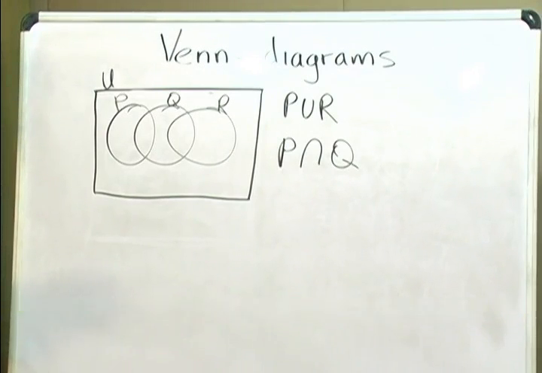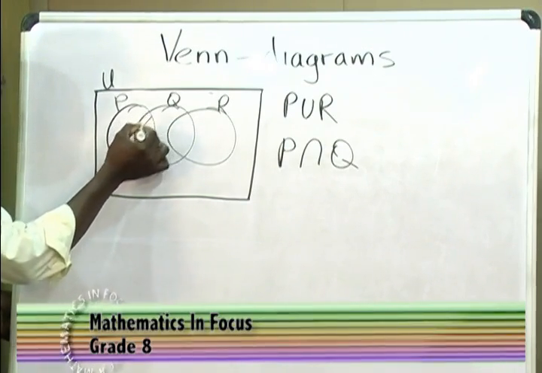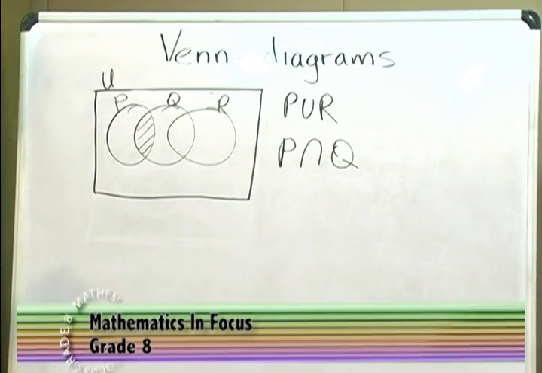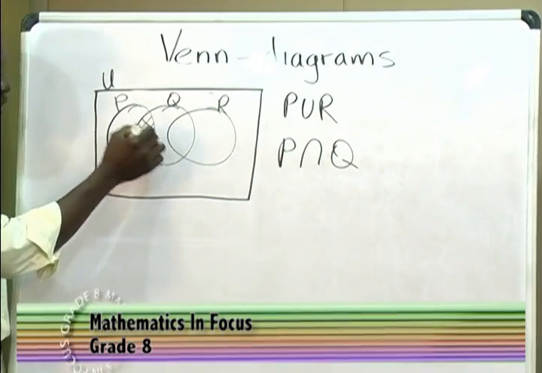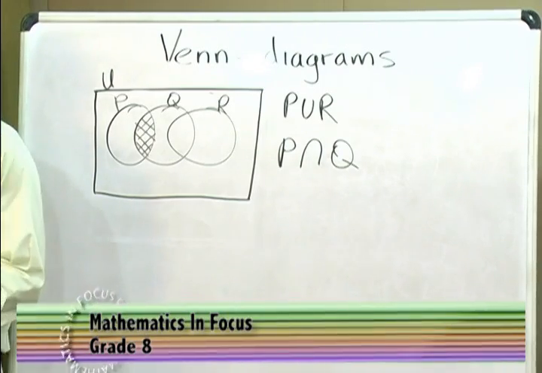In the middle of P and Q. Good, correct. All agree to this? Shading here in the middle of P and Q? Yes. This region here? P intersect Q, in the middle of P and Q.